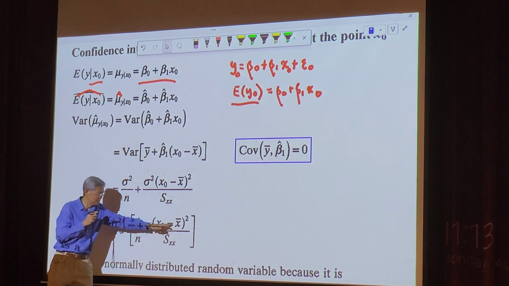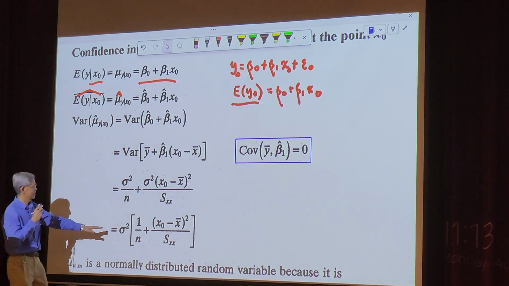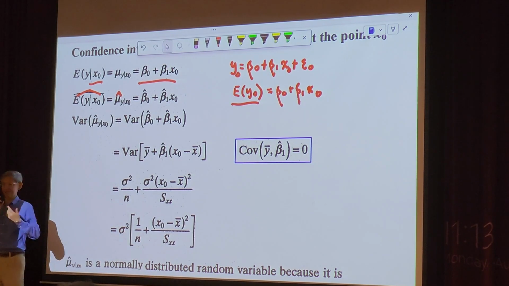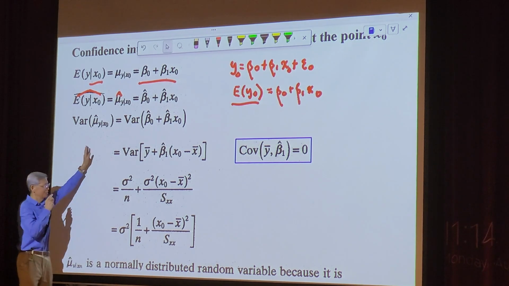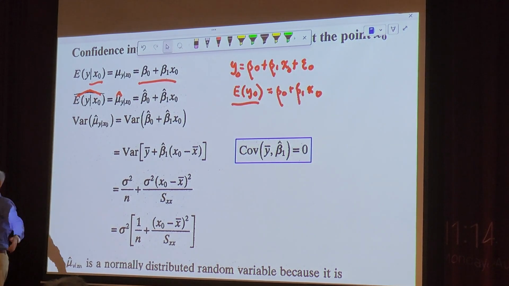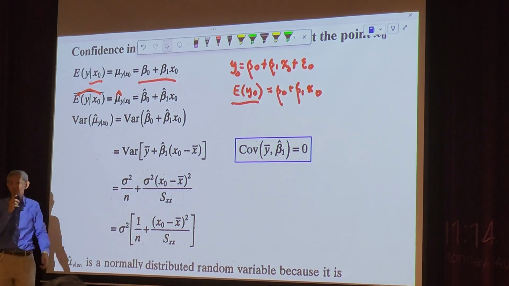Now, if x naught is exactly at the center of the x values, then the variance will be the smallest, right? But if your x value is far from the center, then from this formula we know that the variance will be large. The larger the difference, the larger the variance.